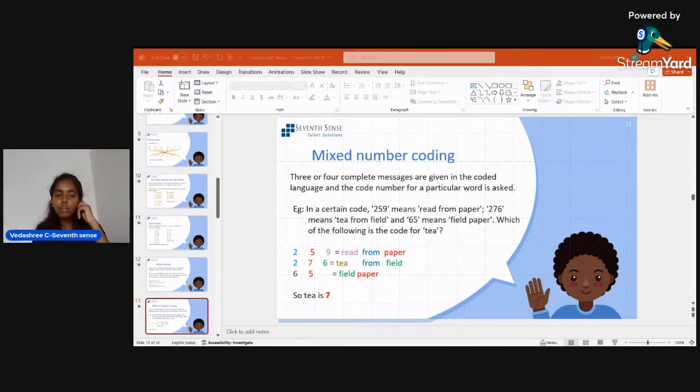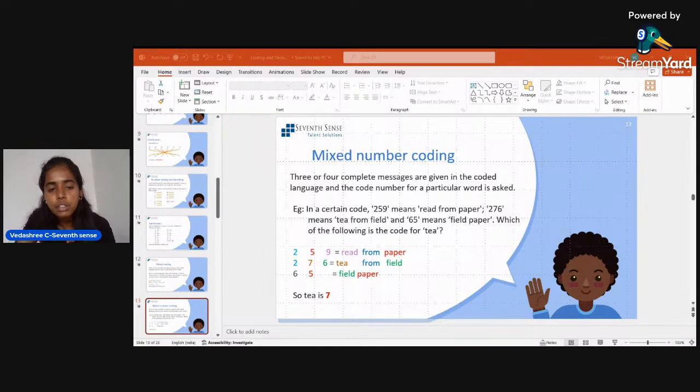In both series of words, we have one similar word, that is from, and from, right? So from and from. What is the code assigned? 259 and 276. So we need to find the similar code or number, that is 2. So we'll assign 2 to the similar word, that is from.